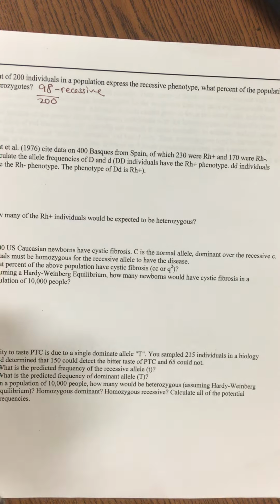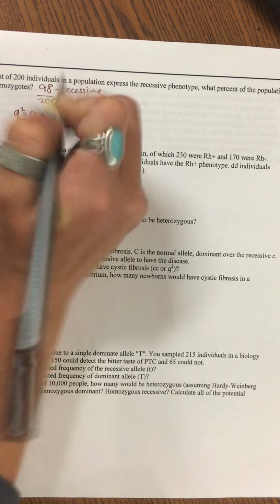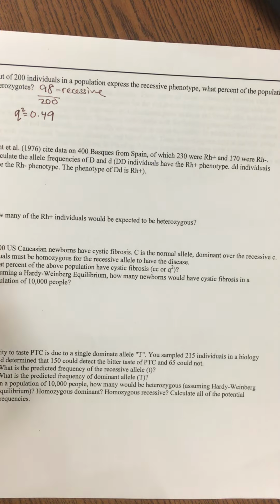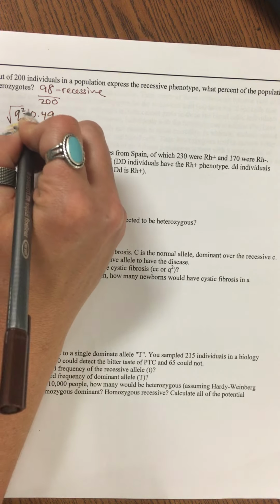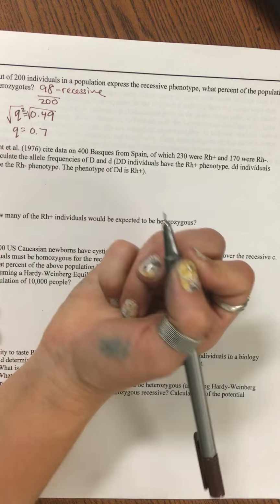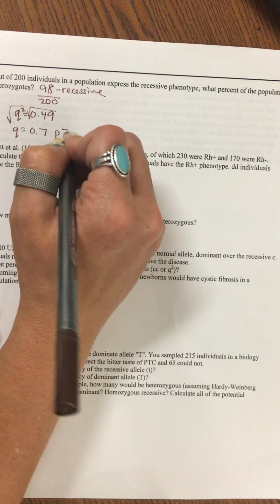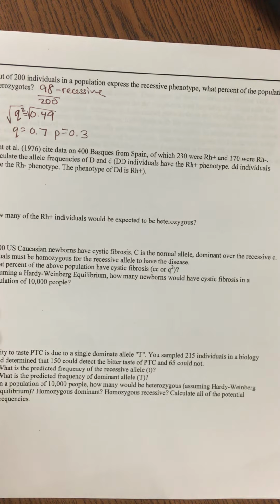So basically they gave me q squared. If I do the math, I find that q squared is equal to 0.49. If I take the square root of both of these, I find that q is equal to 0.7. And because p plus q equals 1, p is equal to 0.3.